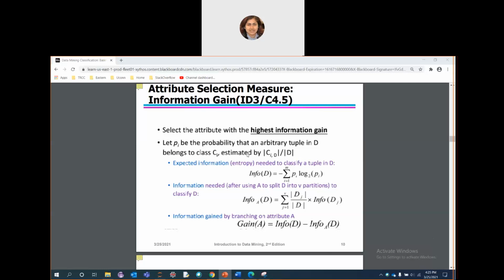The expected information needed to classify a tuple in dataset D is given by Info(D), the negative of the summation from i equals 1 to m of Pi log base 2 of Pi. Here Pi is the non-zero probability that an arbitrary tuple in dataset D belongs to the class Ci, and it is estimated by |Ci,D| divided by |D|.